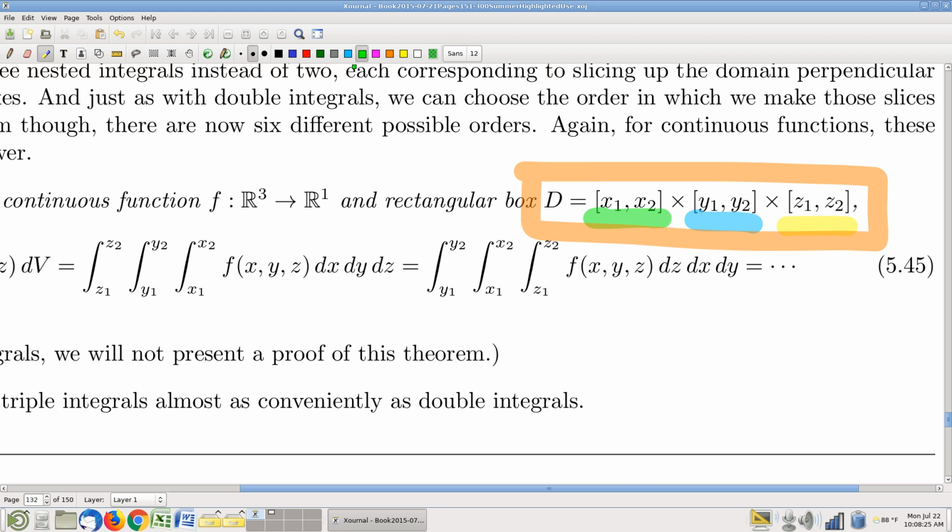This right here says x ranges from x1 to x2. So wherever you're doing your x slicing, those are the bounds for x. And again, just like with double integrals, if you change the order of the differentials, of course you have to change the bounds also. And so likewise, y gets the y bounds, and z gets the z bounds. Okay.